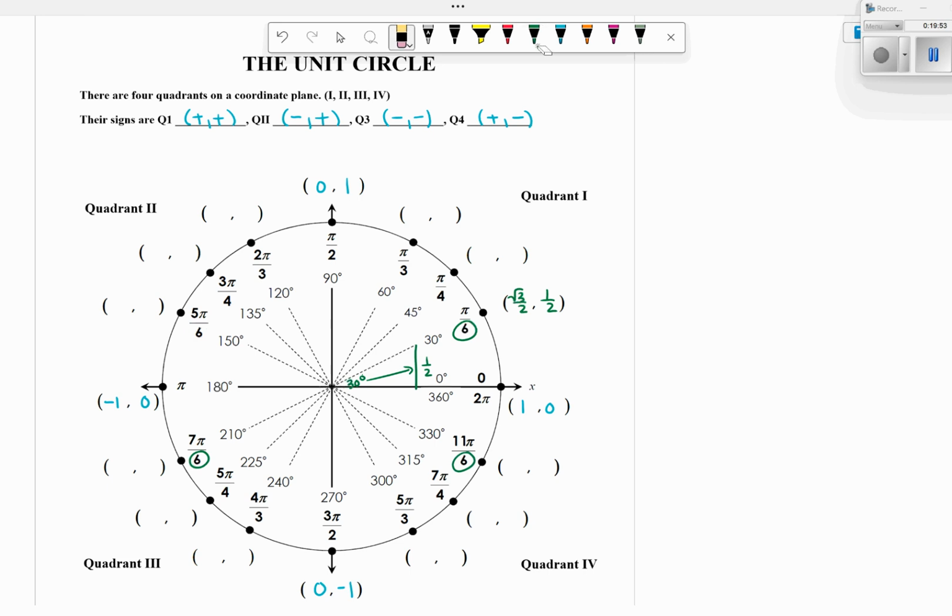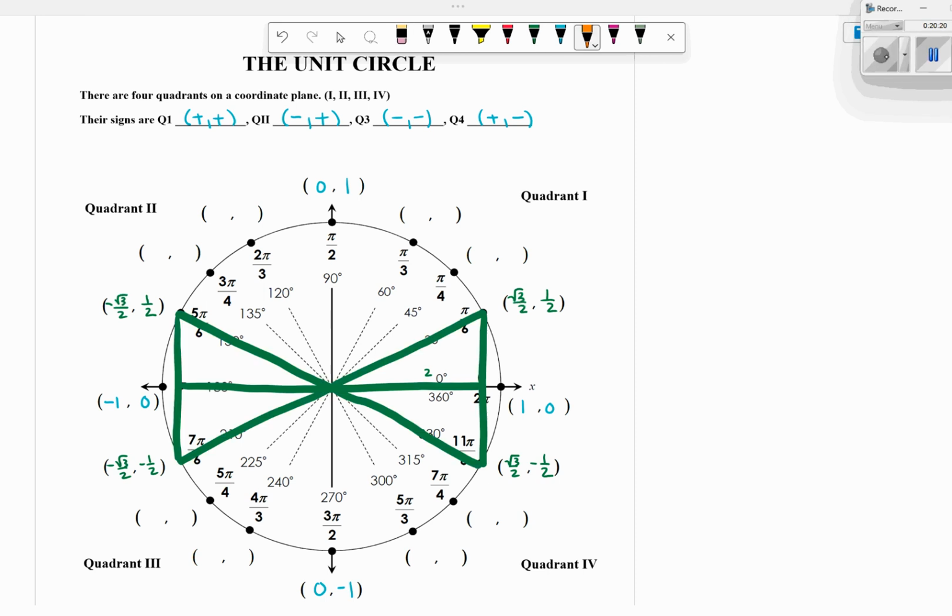So all of those are going to use the same coordinates, but again, just change the sign. So as we showed before, negative root 3 over 2, 1/2, negative root 3 over 2, negative 1/2, and over here we would have root 3 over 2 and negative 1/2. So again, those all use that reference triangle of 30 degrees.